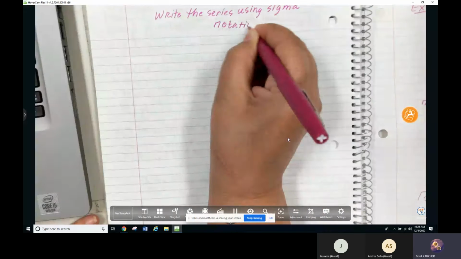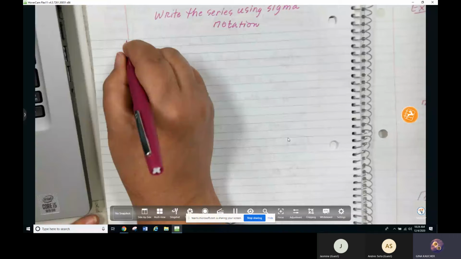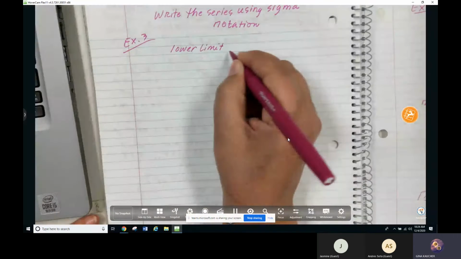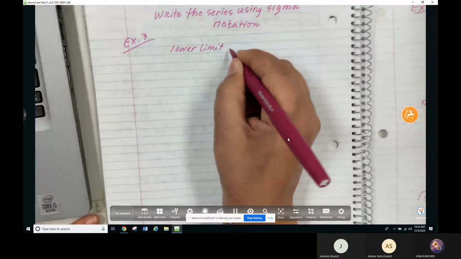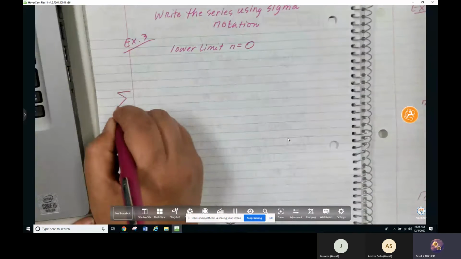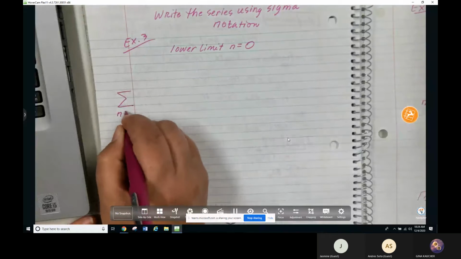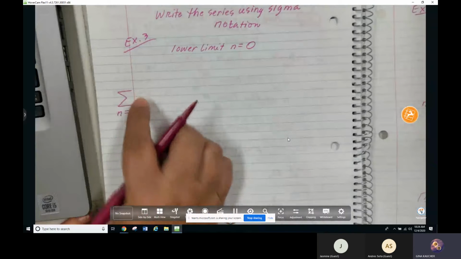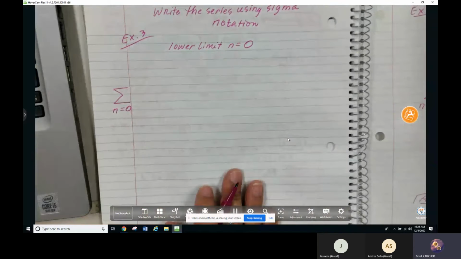So example 3, your lower limit is 0. Okay, so far all we have is 0 here. Have to find the upper limit and the sequence rule.